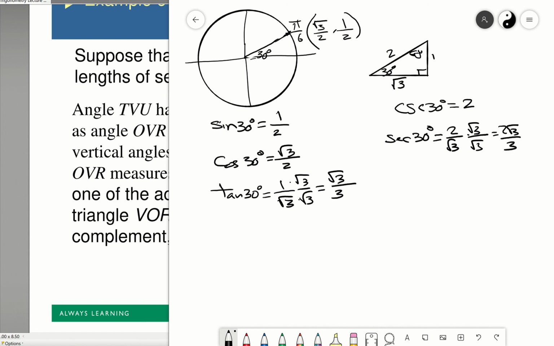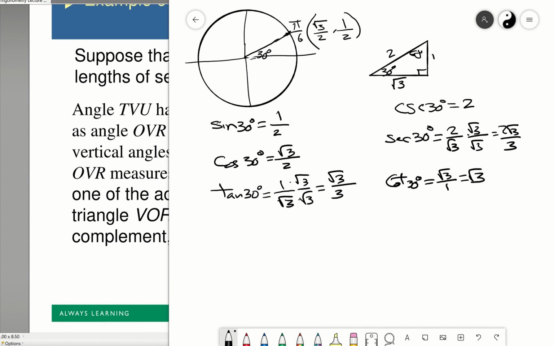And the cotangent of 30 degrees is going to be, it's easier to reciprocate that, because then we won't have to rationalize again. So square root of 3 over 1, which is just square root of 3.